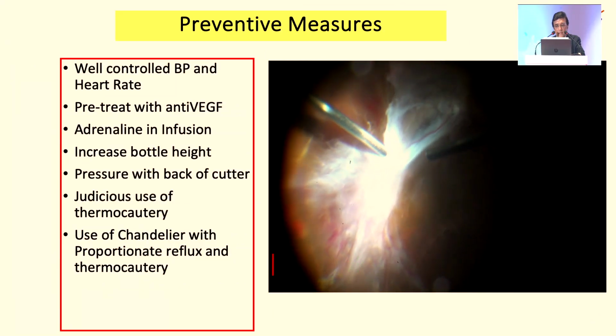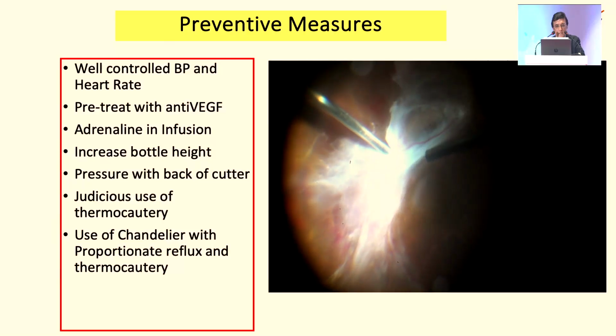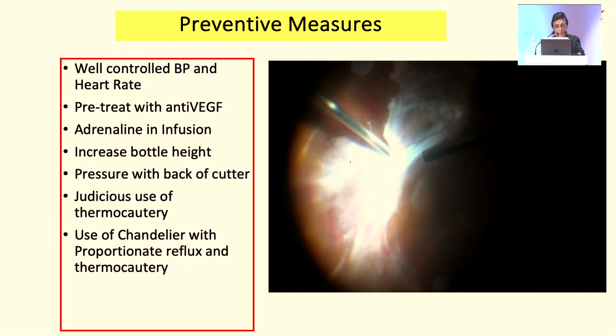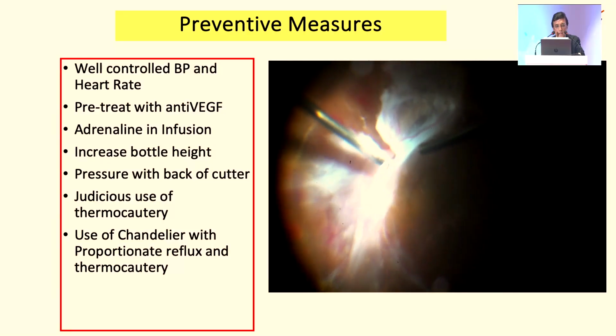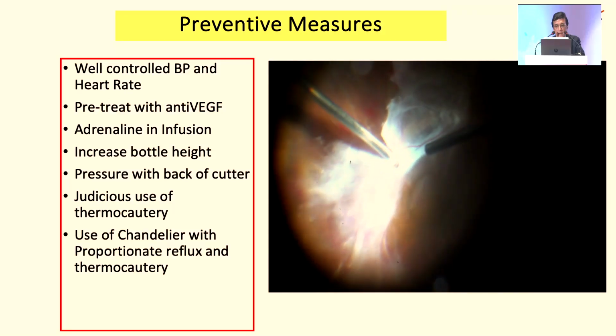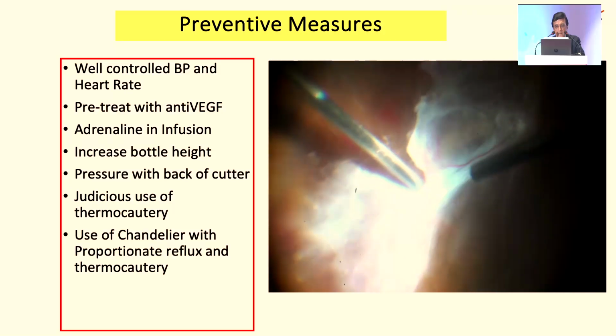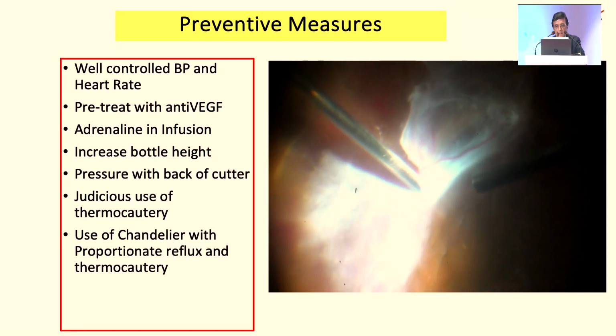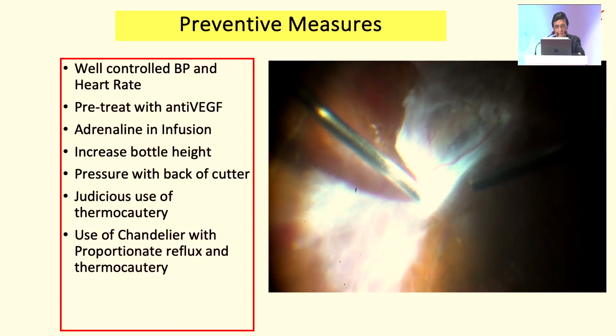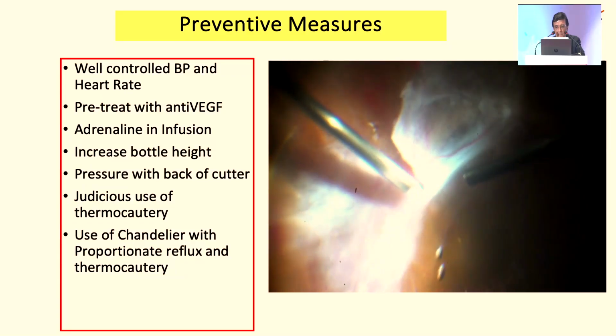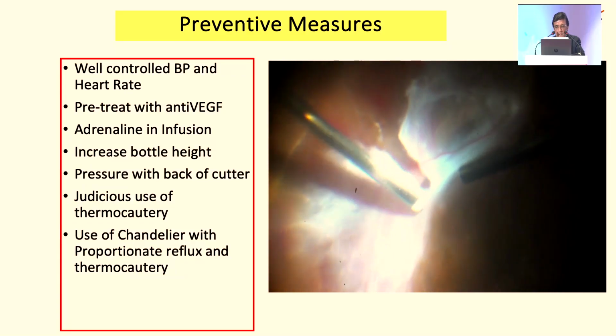If you have taken adequate preventive measures, like in this particular case, where the BP and heart rate were well controlled, we had pre-treated the patient with an anti-VEGF. In this case, this is a very fibrovascular membrane. Now you will see that I am doing proportionate reflux. You can see the fluid coming out.